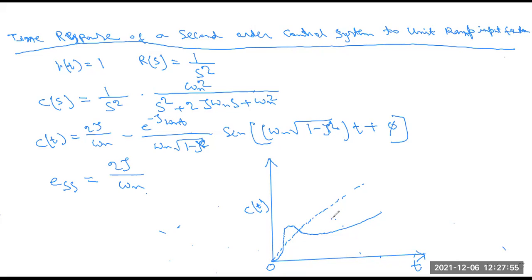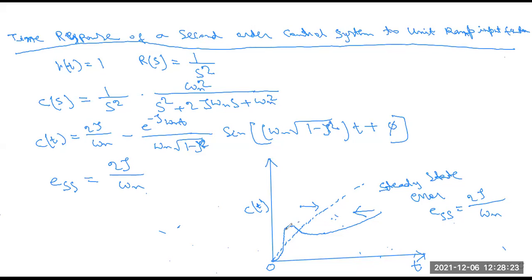Here you can see that from this point to this point, this is the error, which is called the steady state error. This is e_ss, equal to 2 times the damping factor by omega n.